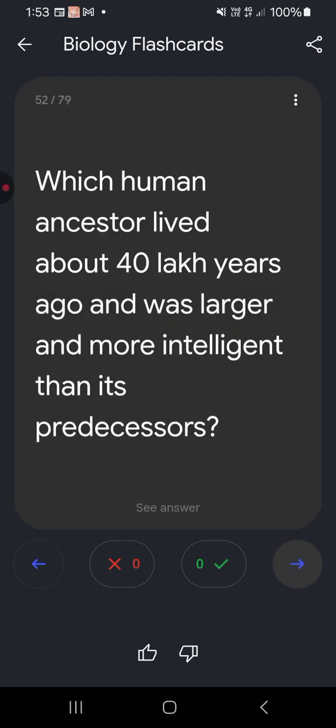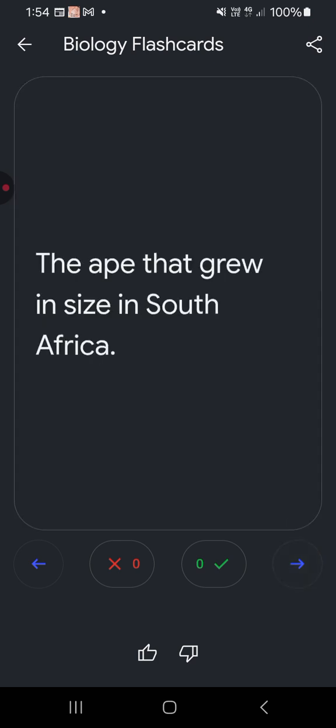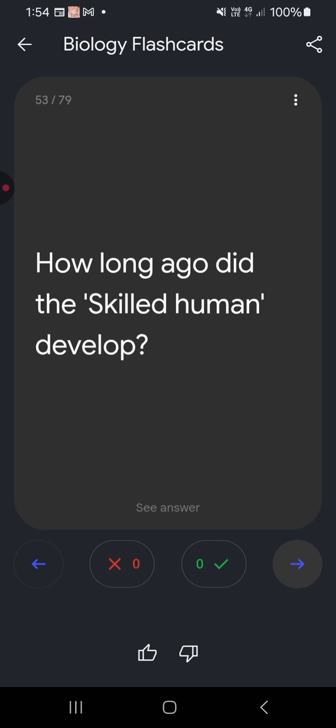Which human ancestor lived about 40 lakh years ago and was larger and more intelligent than its predecessors? The ape that grew in size in South Africa. How long ago did the skilled human develop?